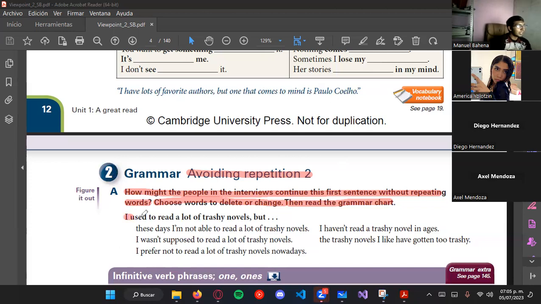Can you read this sentence, please, and the first one? These two sentences. Okay. I used to read a lot of trashy novels, but these days I'm not able to read a lot of trashy novels. Okay, so here, specifically on this part, how would you avoid repeating this exact same thing?